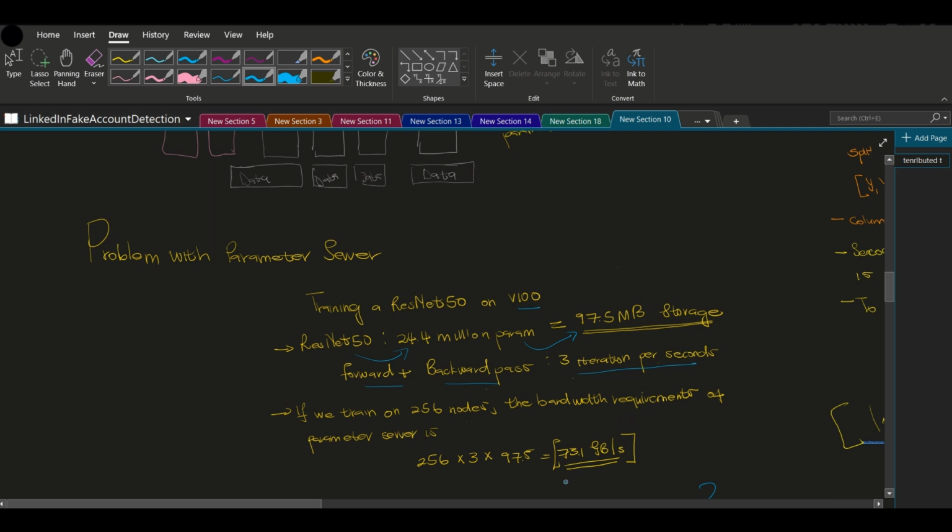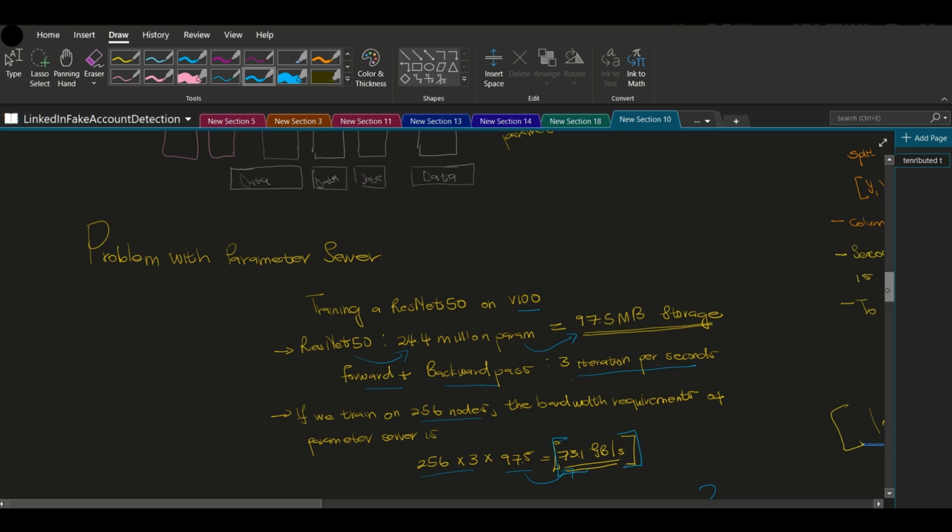So if we have 256 nodes, we take 256 times 3 iterations per second times 97.5 megabytes, which gives us 73.1 gigabytes per second. This is the bandwidth that our parameter server will have to support, which shows how expensive it will be.